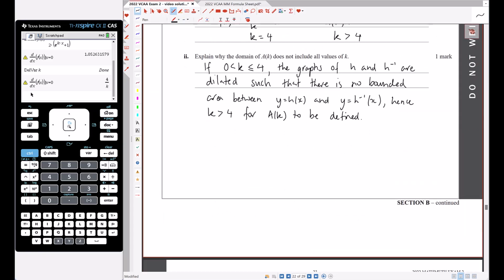So a diagram might help to illustrate what I'm trying to say. So if k is in this region, then we're essentially going to get graphs. Oh, sorry, that's not the right shape, is it? So we do this kind of thing, and we do this kind of thing.